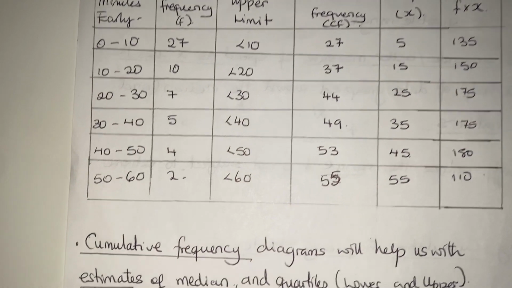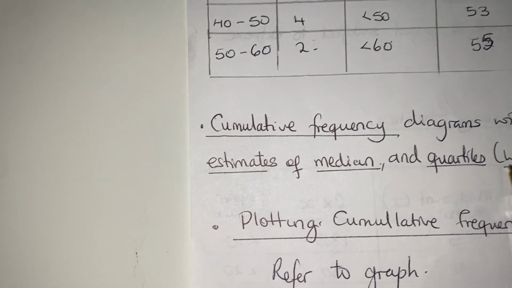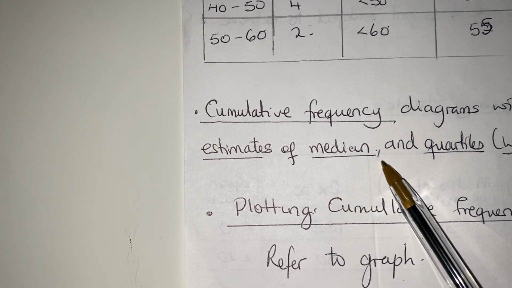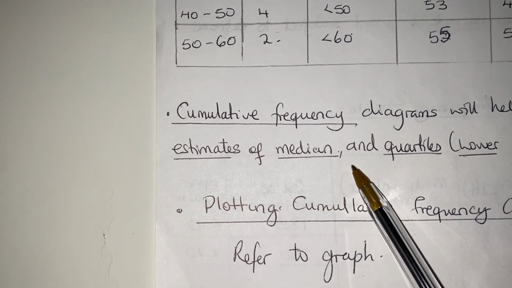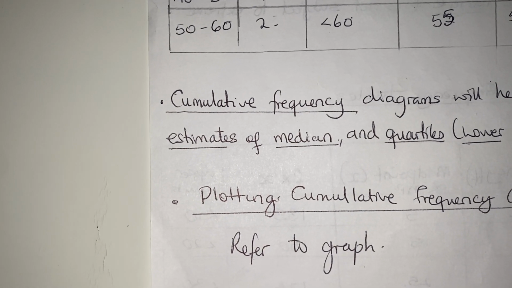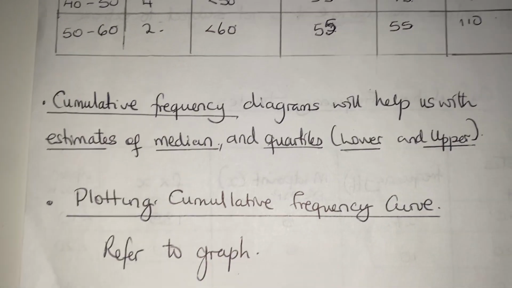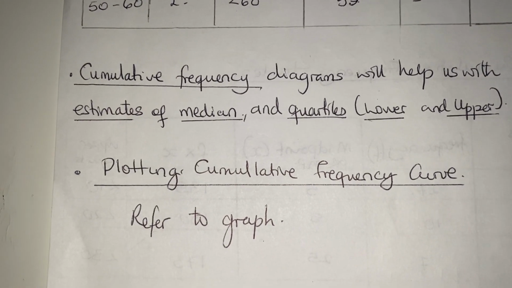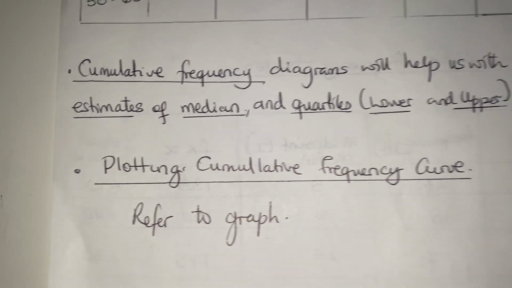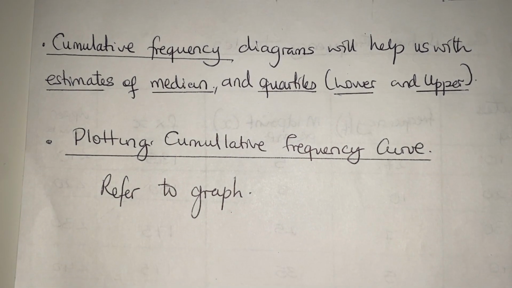Now, cumulative frequency diagrams will help us estimate the median and quartiles, lower and upper. Okay, it's an estimate, because we all will draw the curve differently, but the examiner knows which answer.